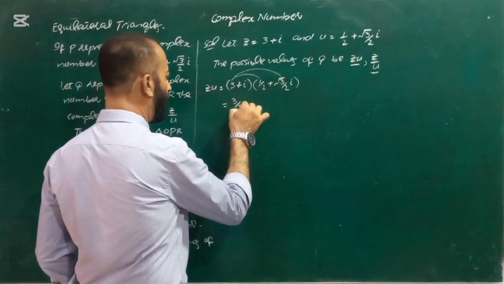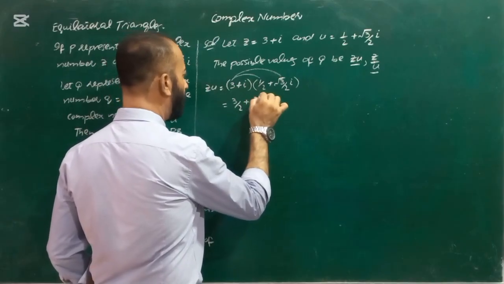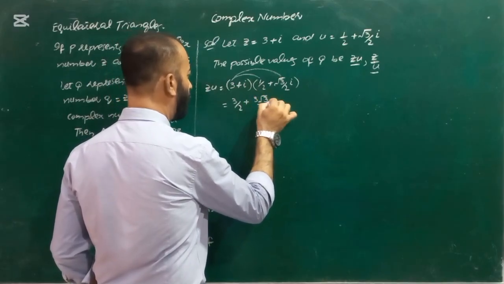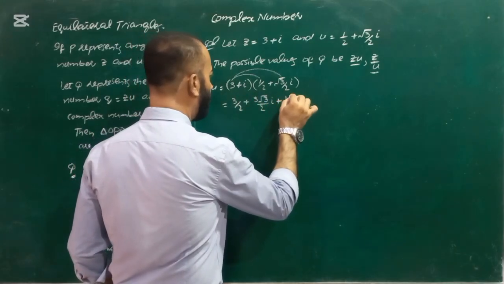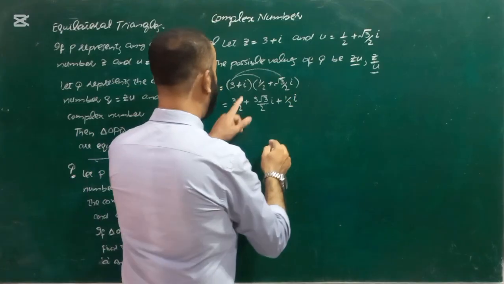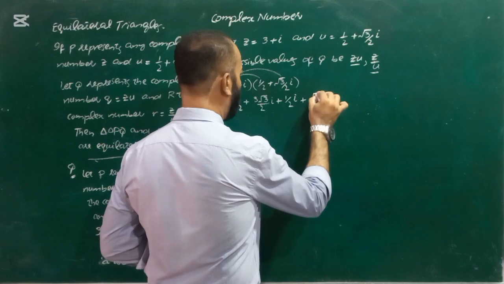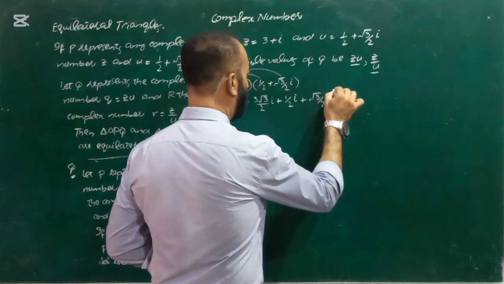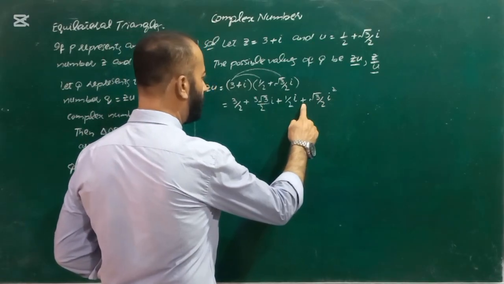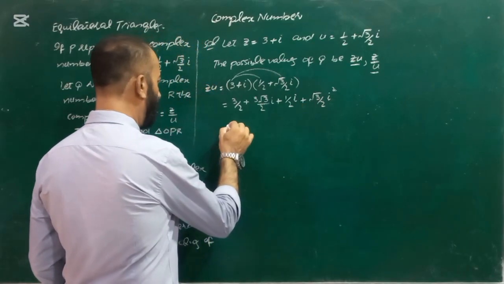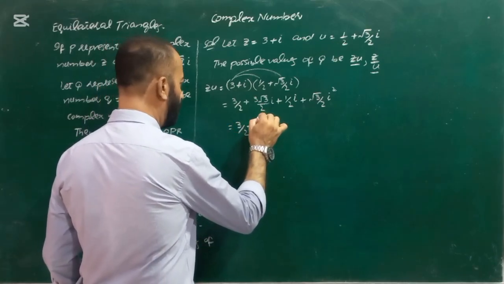So square root 3 by 2 plus 3 square root 3 by 2 iota plus 1 by 2 iota and plus square root 3 by 2 iota square. Okay, from here iota square is minus 1, so it will be minus, so 3 by 2 and minus square root 3 by 2.